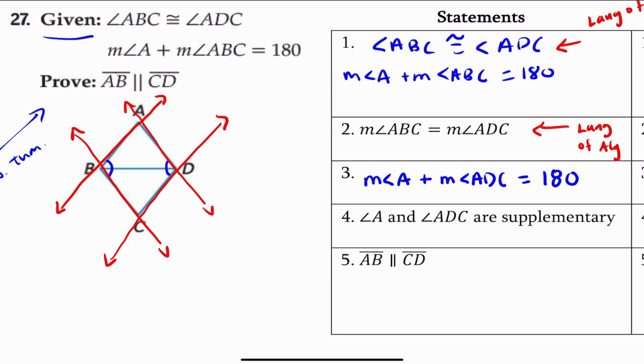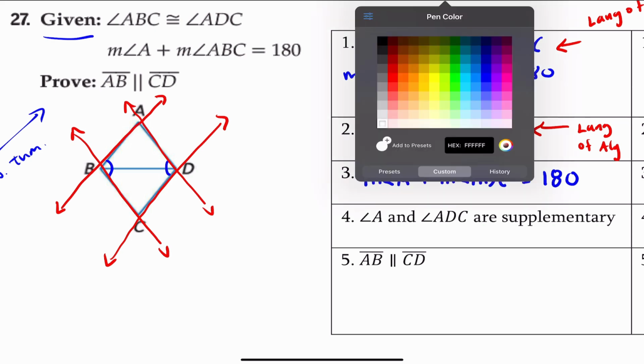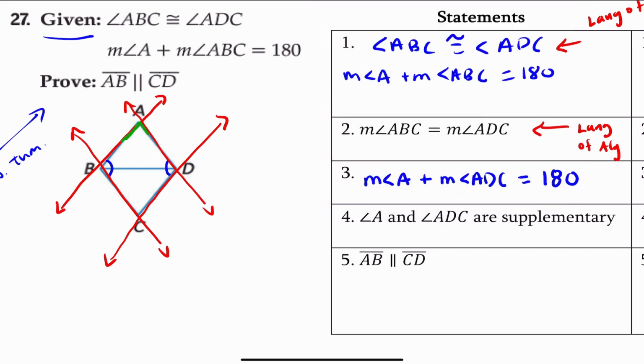Here's angle A, and here's angle ADC, and angle A is part of this line, and angle D is part of this line, but note that they share the same transversal. So, again, angle A is right here. Let me use a different color. Angle A is right here, and angle ADC is right here.